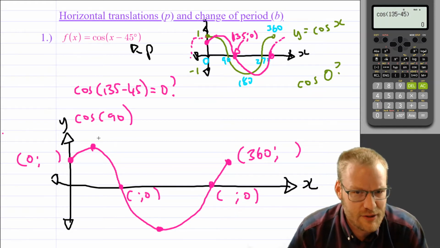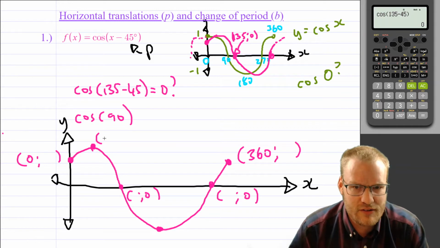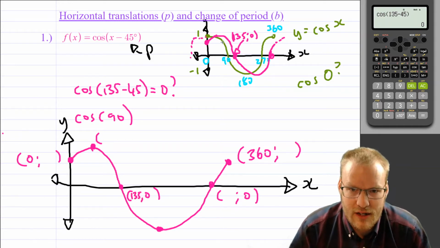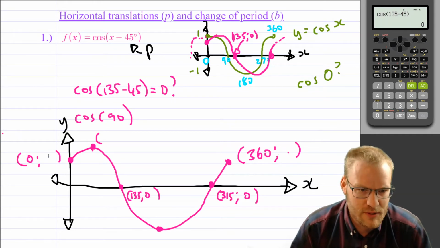So fill in the other bits. Okay, hopefully you've filled them in. In fact, let's do the bits that moved 45. So I already said that was 135. This one on our original graph was 270. So we're just adding another 45 to that. So 315. This y value is going to be the same as this.